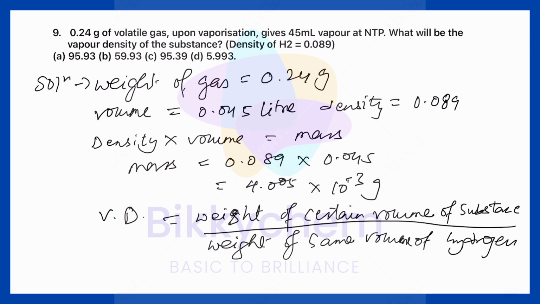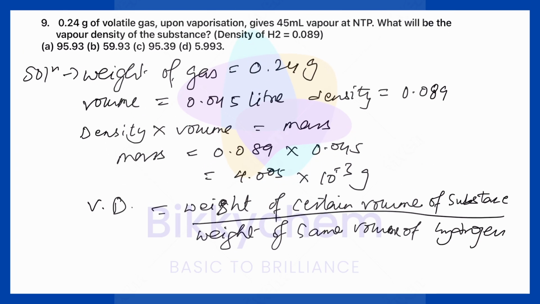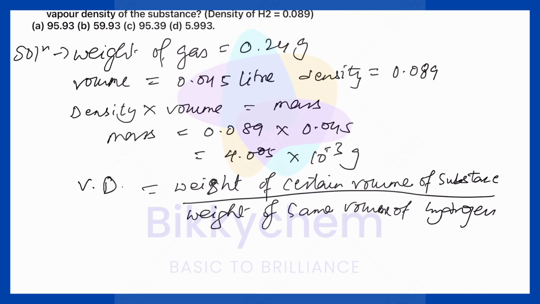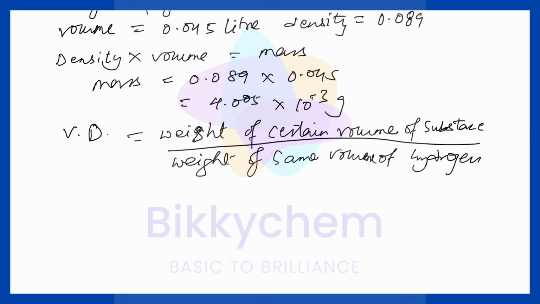So now this is applicable when the given condition is at the NTP, normal temperature pressure, because at the same temperature and pressure the weight of the certain volume of substance is divided by the weight of the same volume of the hydrogen.